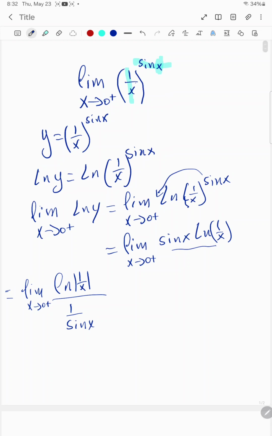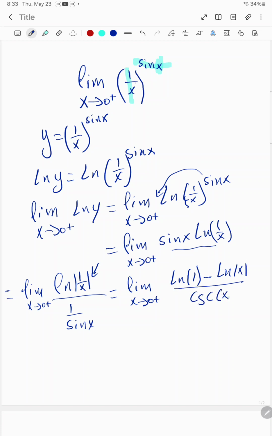So now I will apply the logarithmic rule to that part too. I know that ln of something divided by something is ln of the numerator minus ln of the denominator. So this is equal to the limit when x goes to 0 plus of ln of 1 minus ln of x divided by cosec of x. 1 divided by sine is cosec.